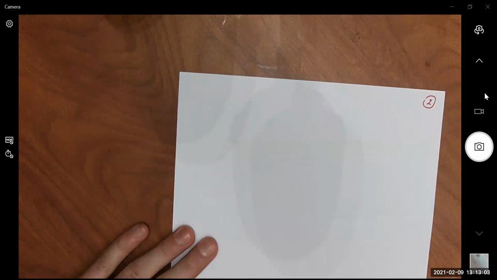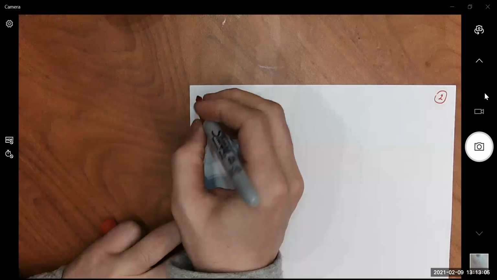Let's see how we apply these table skills on a problem, right? Example.